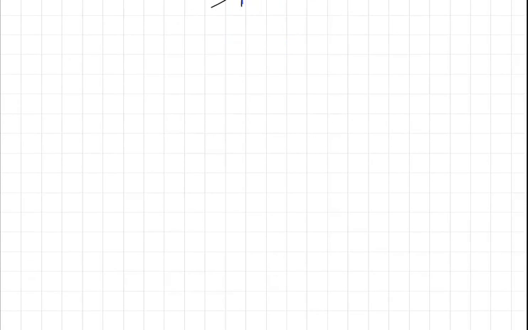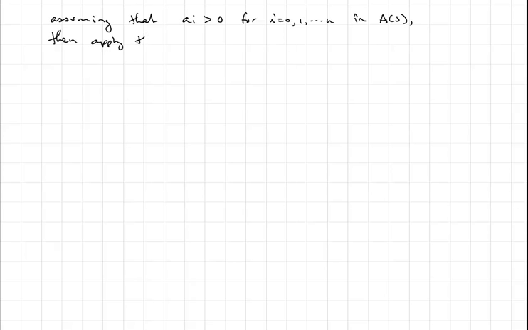Okay, so assuming that a_i is greater than 0 for i equals 0 to n in A(s), then we want to apply the following Routh stability criteria test.